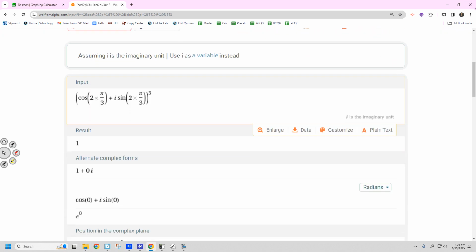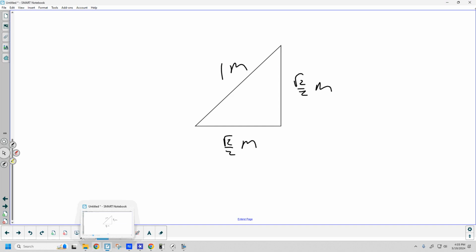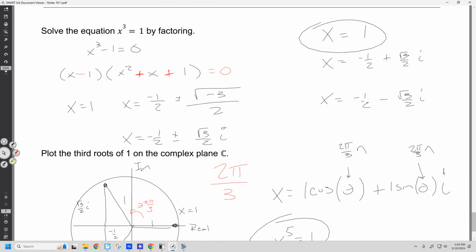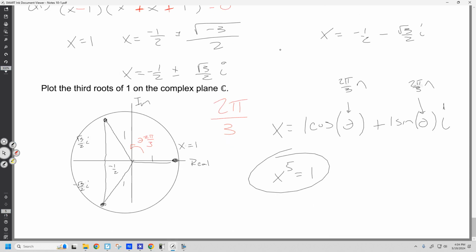Now, here's the problem with this question: we got this answer algebraically. We factored this. I have no idea how to factor this. But by looking at the solutions to x to a power equals 1, looking at the roots of 1, we notice some similarities.